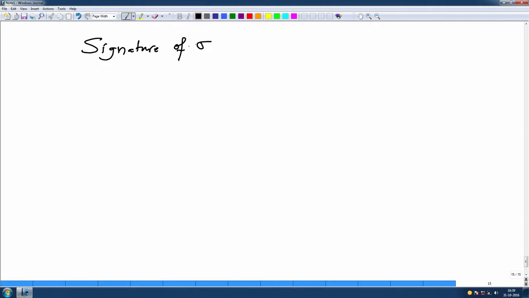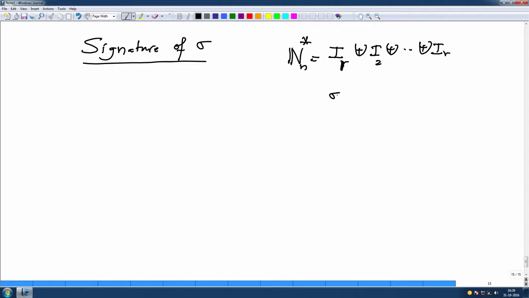Let us write more precisely. We have this set {1, ..., n}, decomposed into I1 disjoint union I2, disjoint union up to Ir. I1 gives the cycle sigma 1, I2 gives the cycle sigma 2, up to Ir giving the cycle sigma r; they are not singletons.